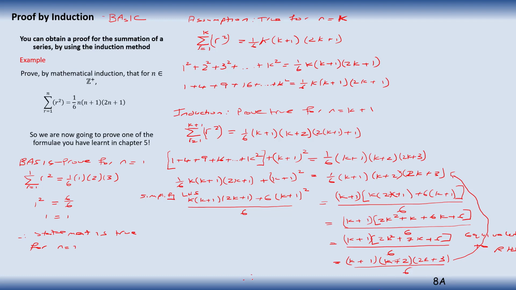So we can say therefore statement true for n equals k plus 1. So I've proved the basis that is true for n equals 1, and I've also proved it's true for n equals k plus 1, the next case. So I can conclude then, where am I going to put my conclusion? There. So I can say statement is true for n equals 1, as we did before.